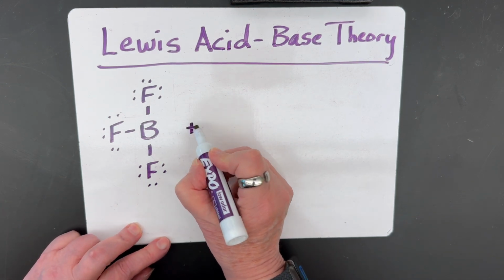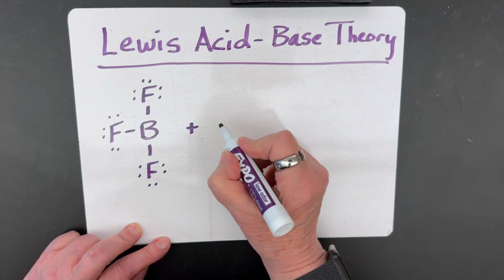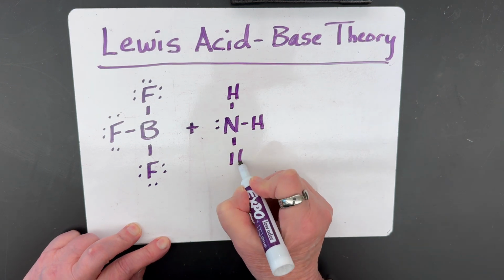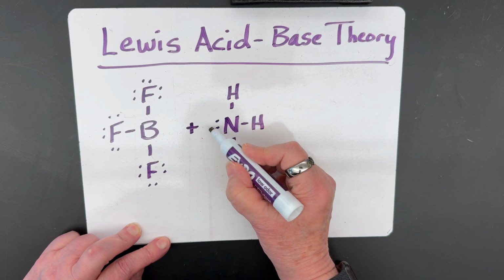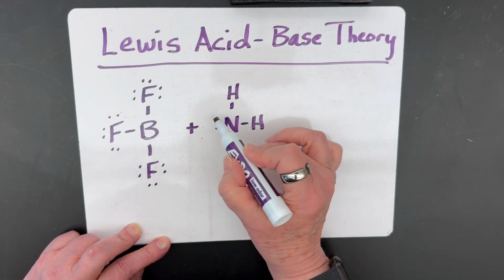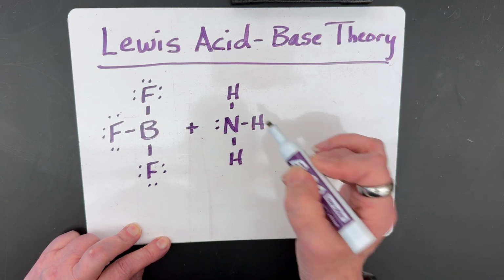And if we combine that with something like NH3, notice that this one, instead of having an empty orbital like this one, it has a pair here of electrons.